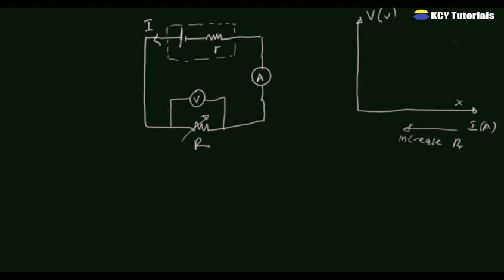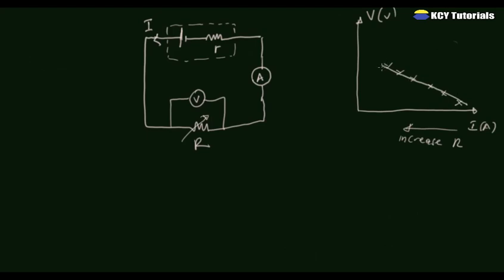Because current is inversely proportional to resistance, and this will have a direct consequence on the voltage that is available in the circuit, in that the voltage is going to increase, and the more we increase the resistance, the more the current is going to reduce, and the more the voltage is going to increase, and on and on. And so we're going to have a straight line like this.